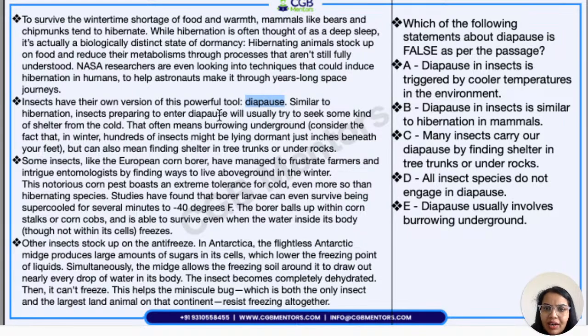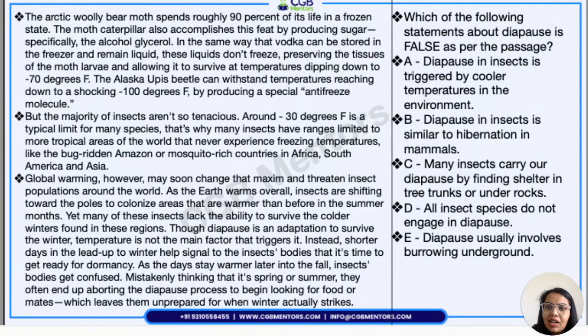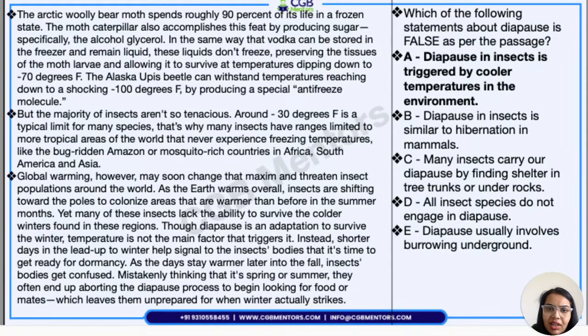Insects preparing to enter diapause will seek some kind of shelter. This means burrowing. This can also mean finding shelter. So now when we see how this diapause is working, that it is triggered by cooler temperatures in the environment, that's not what we get to see here. We get to see the other details but not this. So basically that was your answer.